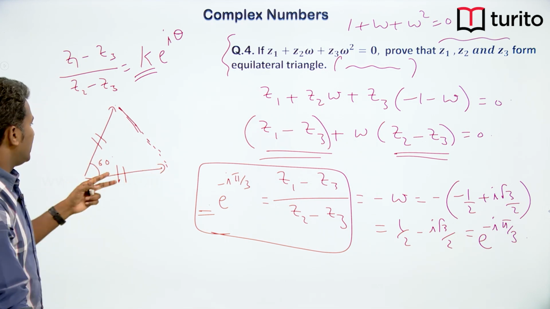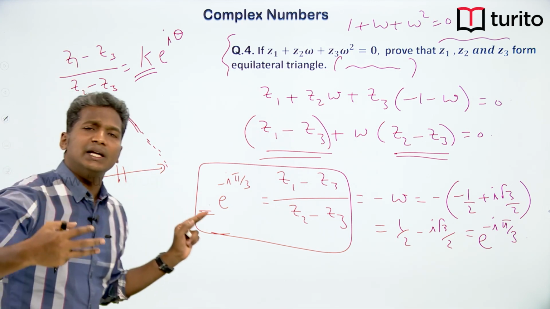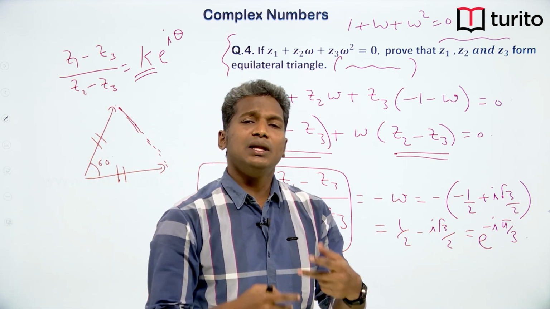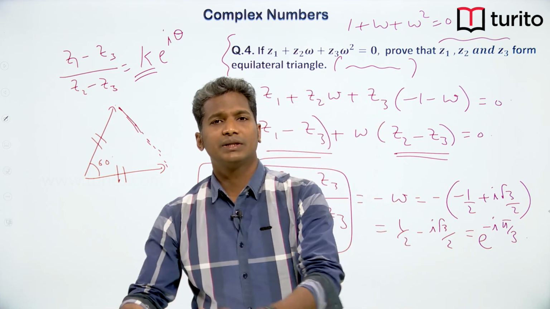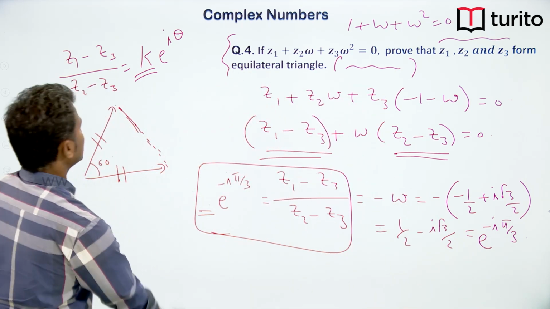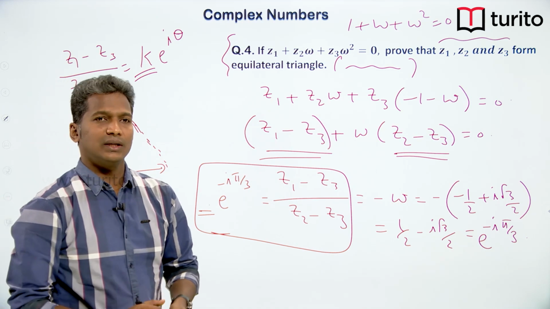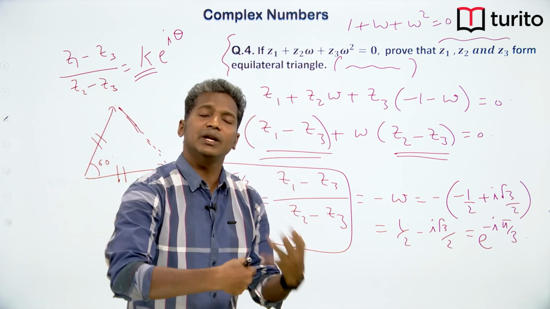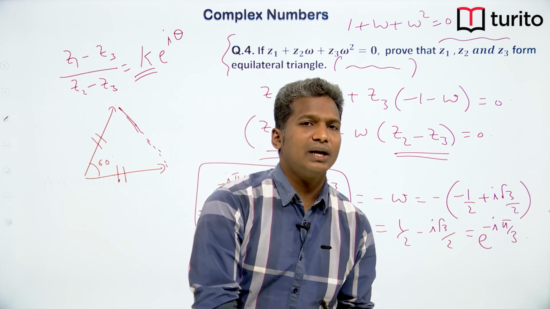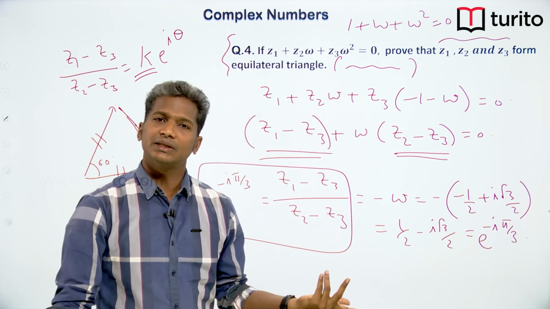If two sides are equal, then definitely it is an isosceles triangle. Now, in the isosceles triangle, if the unequal angle is 60 degrees, it becomes an equilateral triangle. So, here we have just proved that it is an equilateral triangle. Also, whenever you see this kind of condition anywhere, you can straight away conclude that it is going to be an equilateral triangle only.